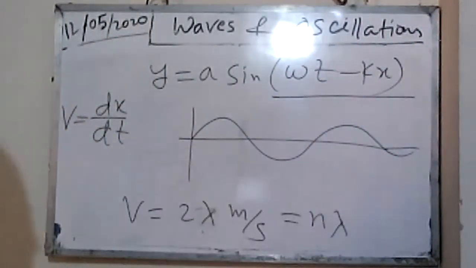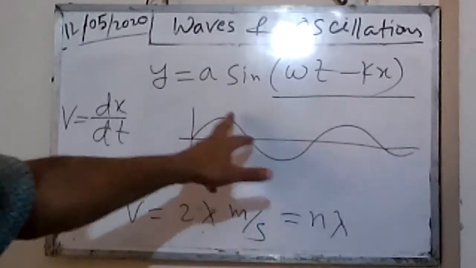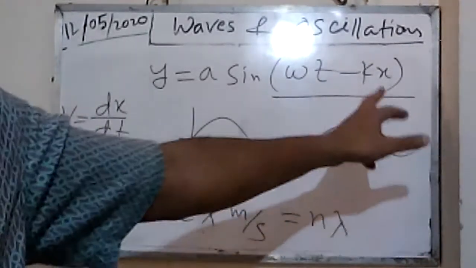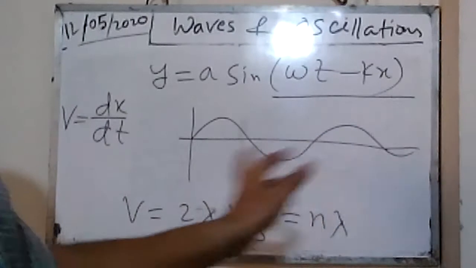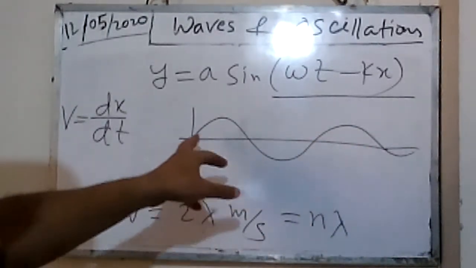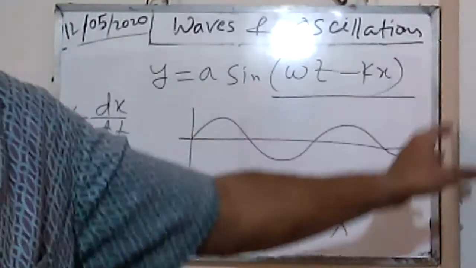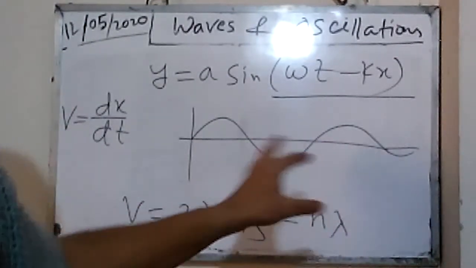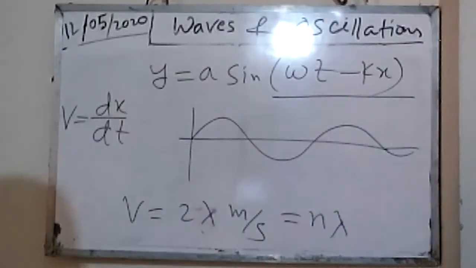This is a wave, and the pattern of this wave at this point is not changing. The pattern is not changing, but the wave is moving up and down. The particles are changing, but the total pattern is not changing.